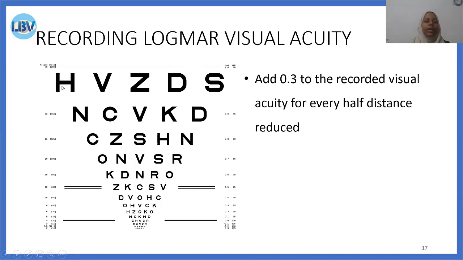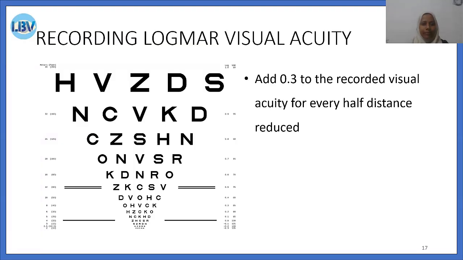For example, after reducing the distance to 2 meters, the patient reads the first line completely and is not able to read anything on the second line, and the visual acuity is 1 here. So you add 0.3 to this, it becomes 1.3. So you can write unaided OD visual acuity 1.3 logMAR.